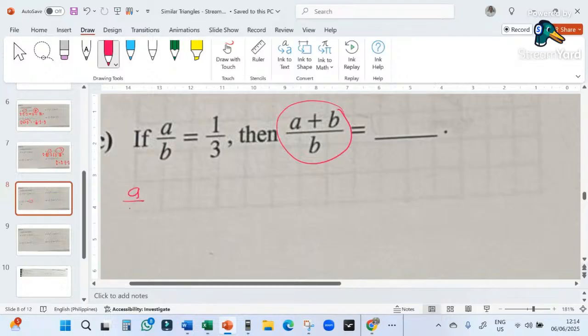A over B plus B over B is equal to something, right? But we know that A over B is 1/3. We substitute it here. A over B is 1/3 plus 1.